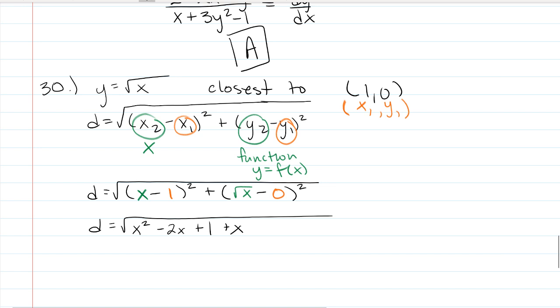Okay, I'm only just now seeing your question about why is the function plugged in as y2. And that's because the second point that we're interested in is the point x, f of x.